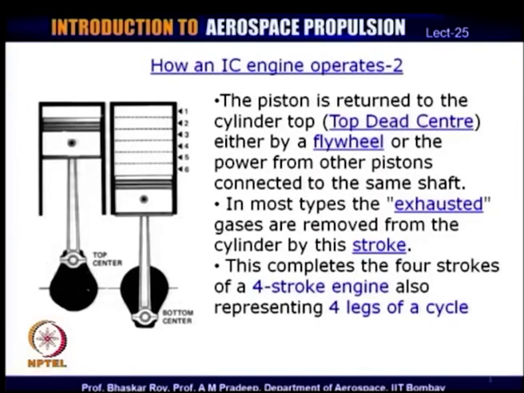Once the cylinder is more or less exhausted, fresh charge, or fresh air or fuel air mixture, can now come in through the inlet valve and fill up the cylinder space all over again for the next 4 strokes. That means the next cycle through which the work is performed. So, this is how the work is actually sustained from one cycle of 4 strokes to the next cycle of 4 strokes.